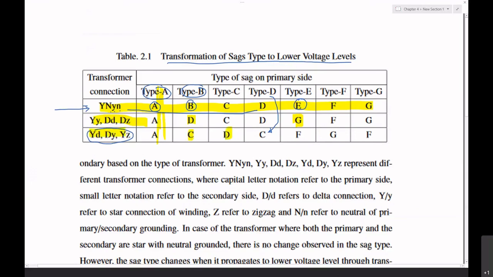C is changed to D, and D is changed to C. E is changed to F, whereas F is changed to G, and type G is changed to N. These are all the voltage sags that change from the primary side to the secondary side based upon the transformer connection.